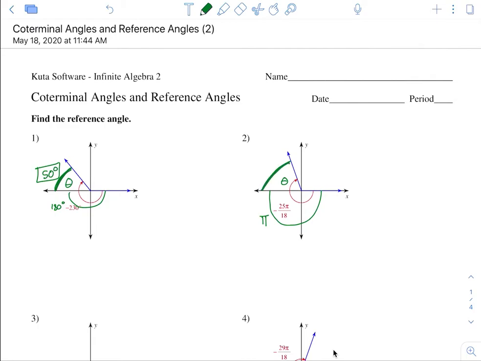Well, in order to do that, we should just do 25 pi over 18 minus pi. And we are not using negative because we know that all reference angles are positive. So 25 pi over 18 minus pi. And now we have to get the same common denominator. So let's put this over 1.